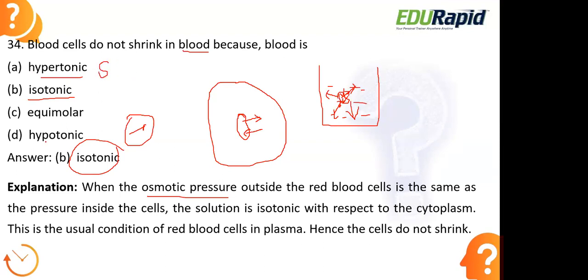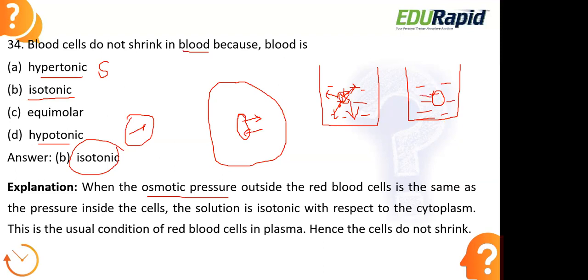But what happens if it is a hypotonic solution? The same condition: we are taking a hypotonic solution, that is, water with very less solute concentration. If you place a blood cell here, now the water concentration outside is more than that of the cell.